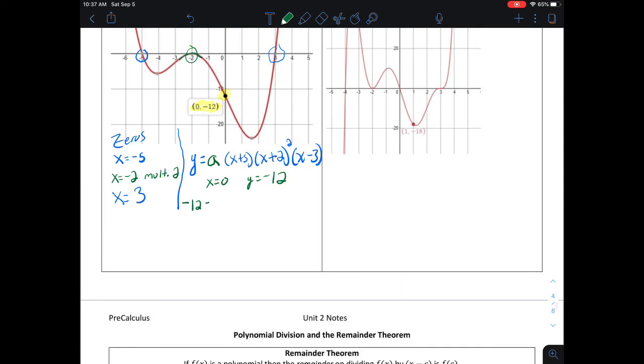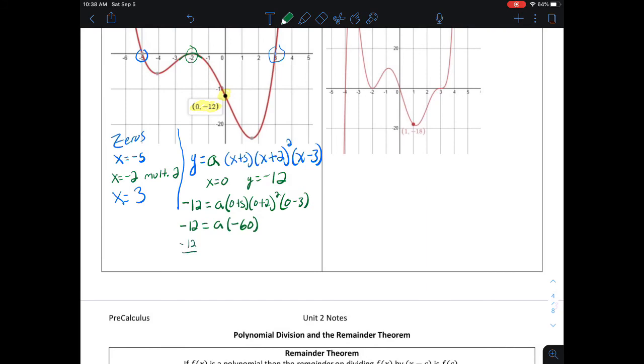So I have -12 equals a times 0 plus 5 times 0 plus 2 squared times 0 minus 3. And then we're going to see what a is. So -12 equals a times, and we'd have 5 times 4 is 20, times -3 is -60. And then we would divide to get a.